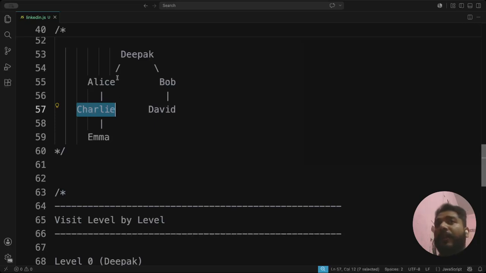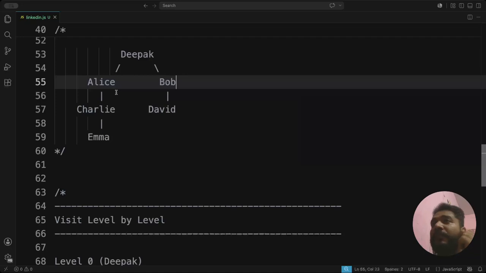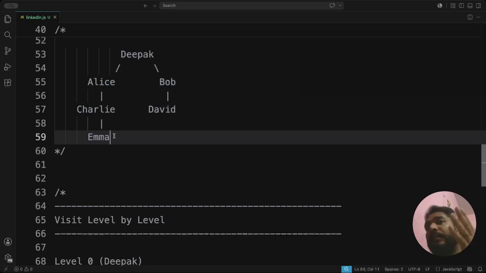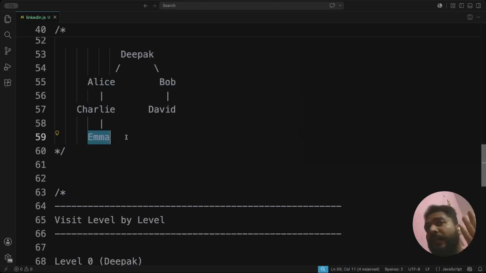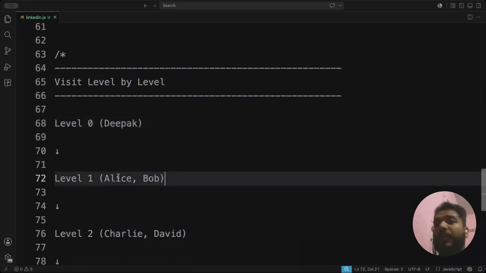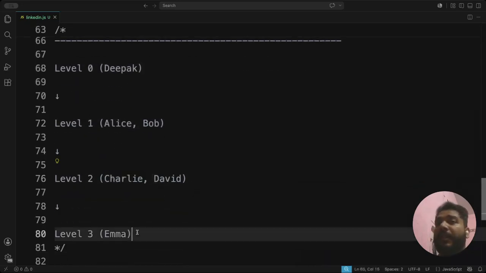If you start with me, it's level 0. First we check my direct connections, so we traverse the first level. Then we go to the connections of my connections, the second level. Similarly, we traverse the third level. So level 0 is Deepak, level 1 is Alice and Bob, level 2 is Charlie and David, level 3 is Emma.